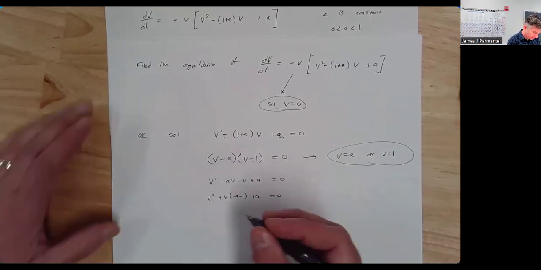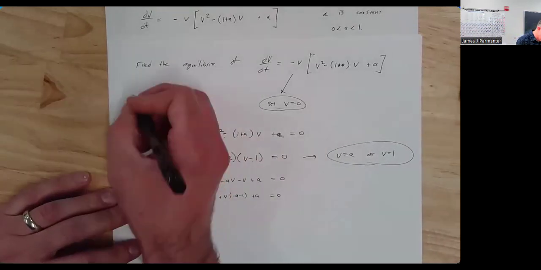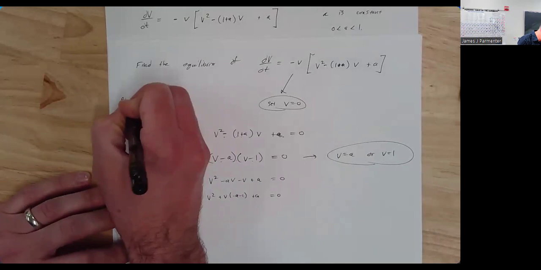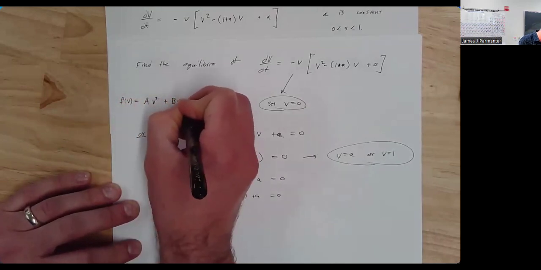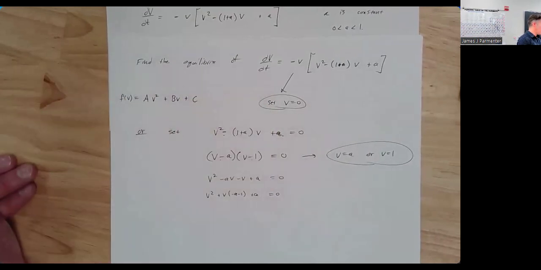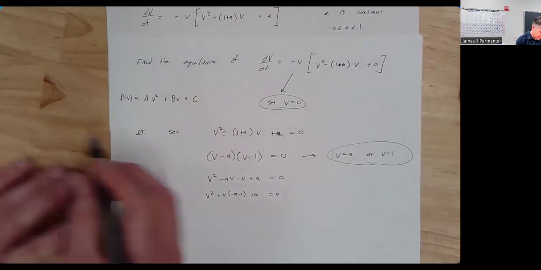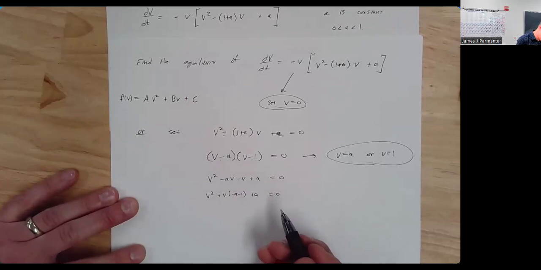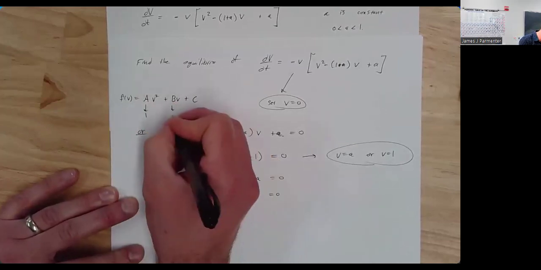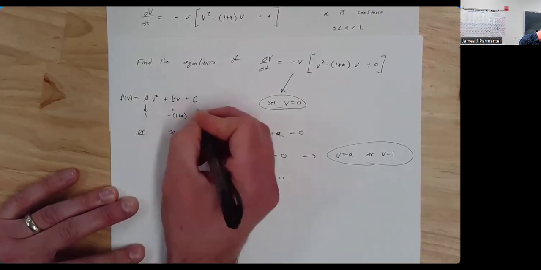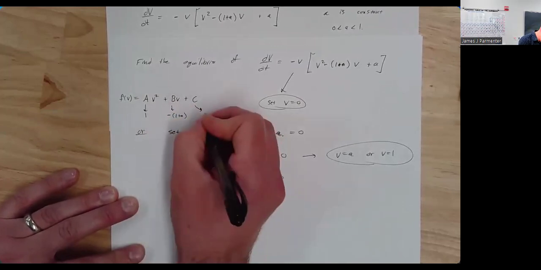But if we think about our quadratic as f of v equal to A times v squared plus B times v plus C, using capitals just to differentiate here, then capital A is going to be 1, capital B is going to be negative 1 plus a, and C is going to be a.